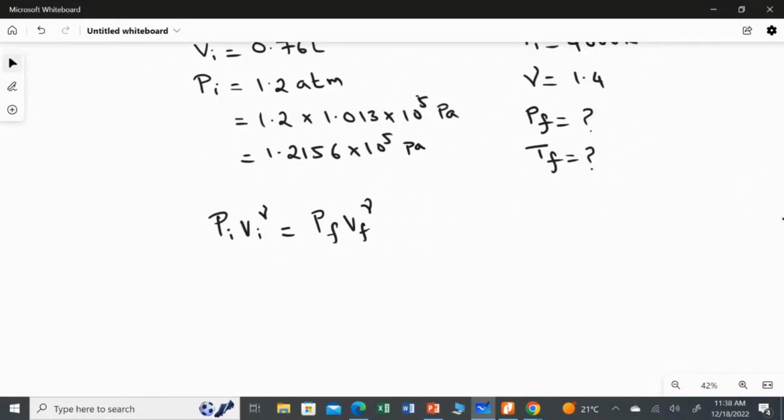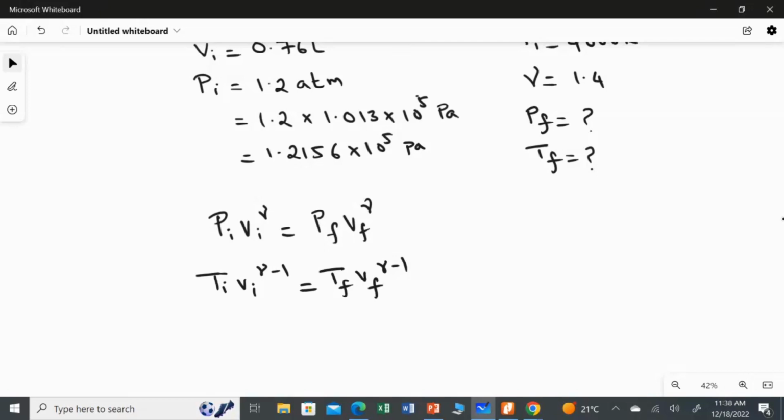This is the first relation I am going to use for finding the final pressure. And in the second part, for finding the final temperature, I am going to use the relation connecting temperature and volume. What is the relation? Ti Vi to the gamma minus 1 equals Tf Vf to the gamma minus 1. So this equation we can use for finding the final temperature.